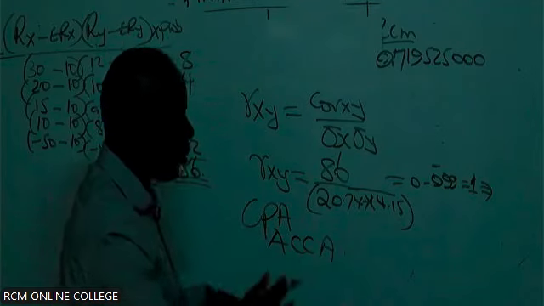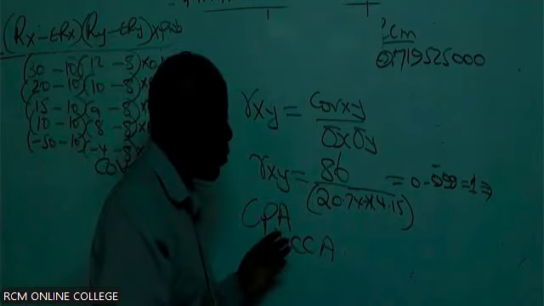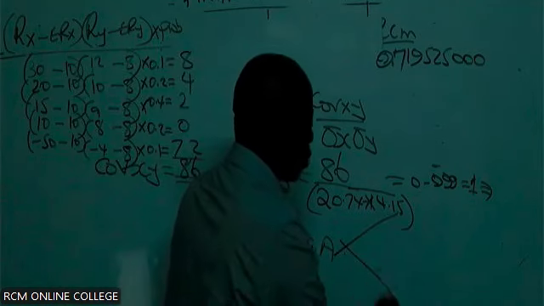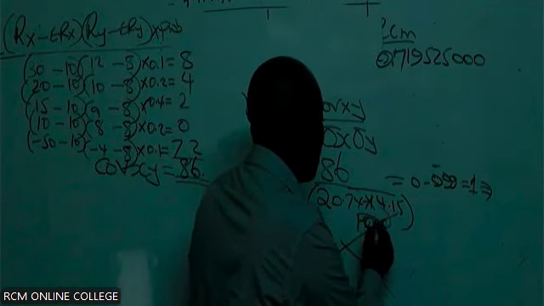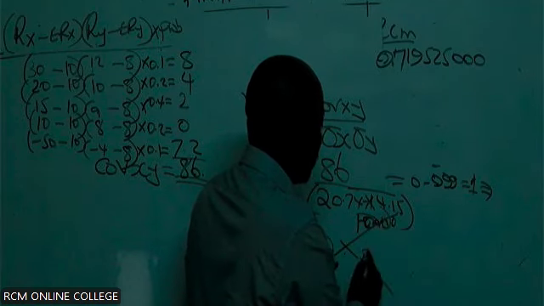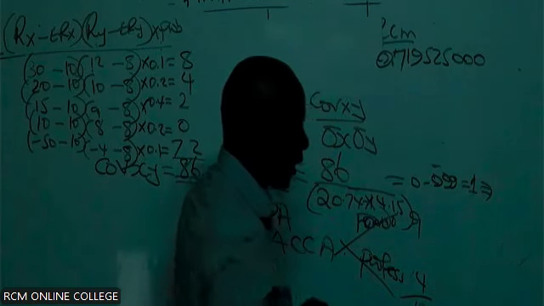So ACCA and CPA, which one is better? ACCA is international. Once you are a CPA, ACCA has 2 levels: the foundation level and the professional level. The foundation has 9 papers, the professional has 4 papers, which gives you 13 papers.